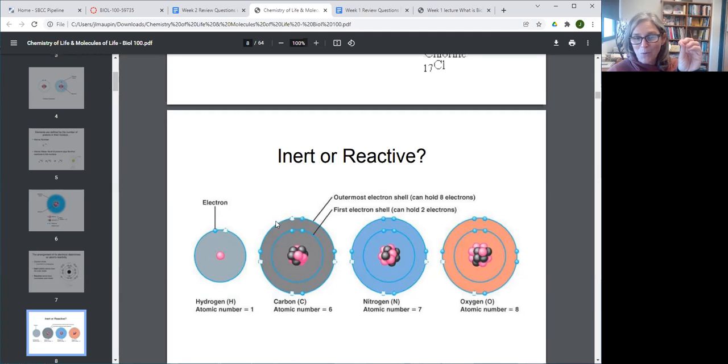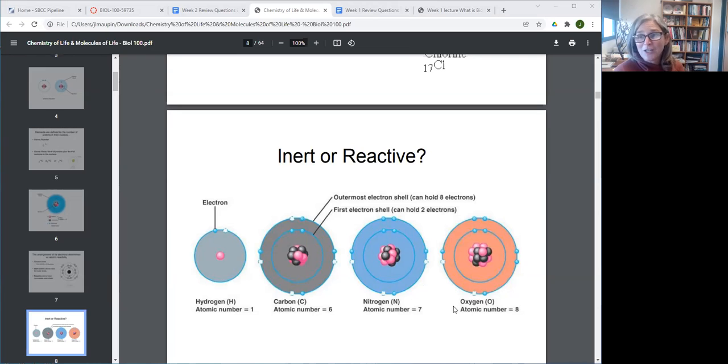Carbon wants 4 bonds. How many bonds does nitrogen want? It needs 3, right? Nitrogen needs 3. And what about oxygen? How many bonds does oxygen seek to form? Good, 2. Right.